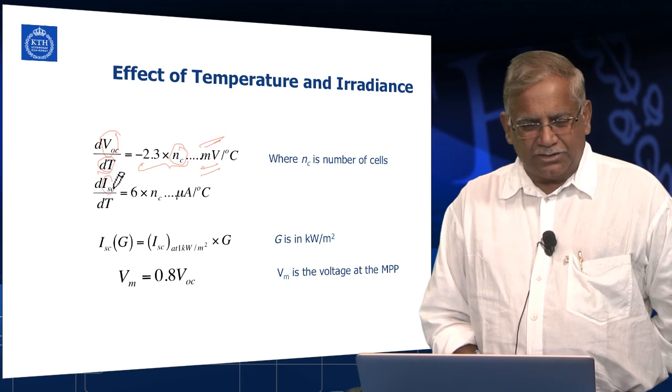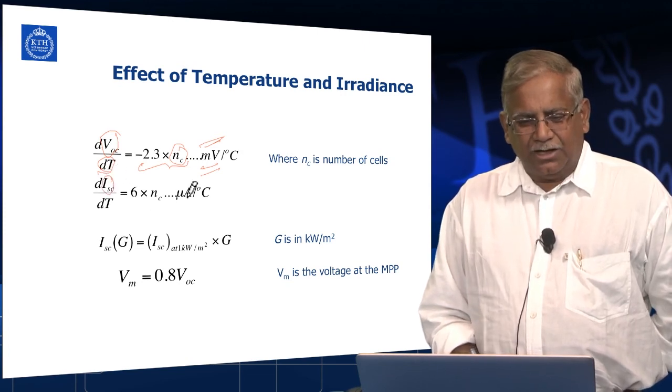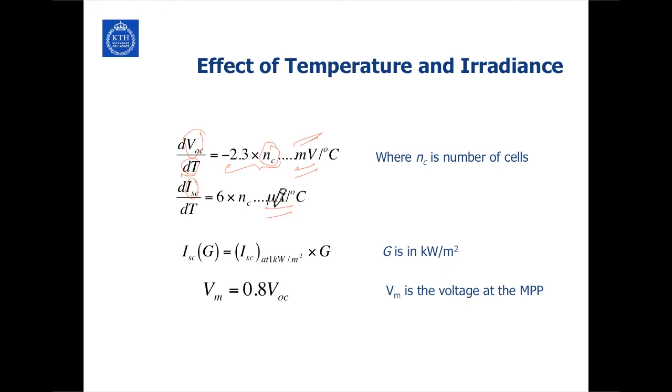This is the short circuit current, and here the units are microamps. So this is in millivolts and this is in microamps. So there is a very small change, in fact a 2 orders of magnitude reduction in the change in the current as compared to the voltage.